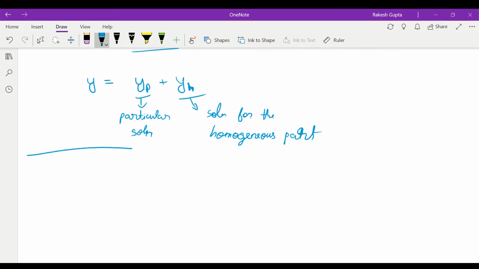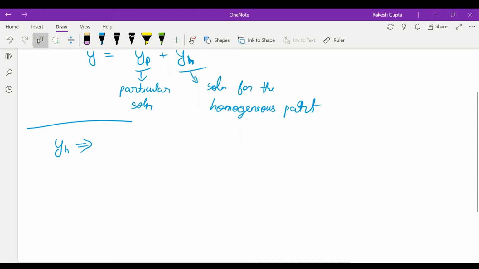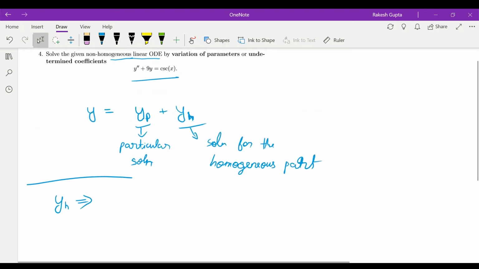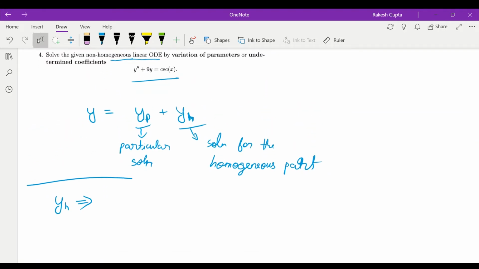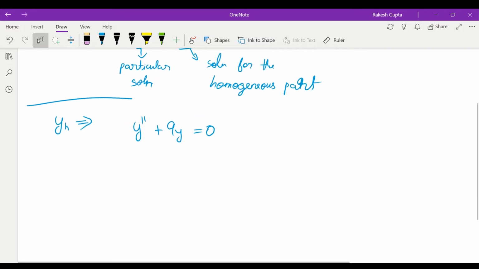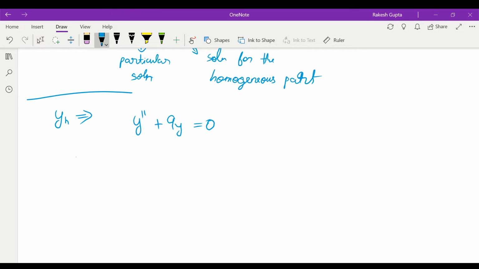Now let's start by solving for the homogeneous part. The homogeneous part of this given question is going to be y double dash plus 9y equal to 0. So now what we are going to do is assume y to be an exponential function.